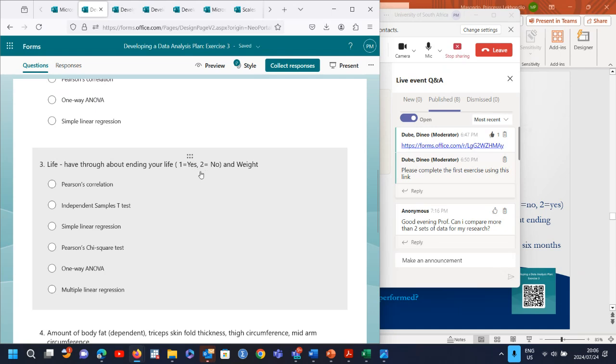So we have a categorical variable, and we also have a numeric weight. So we can compute an average. So it's going to be some form of a t-test, because we've got two groups. Those who say yes are not the same people who will say no. It's independent. Then it's going to be an independent samples t-test.